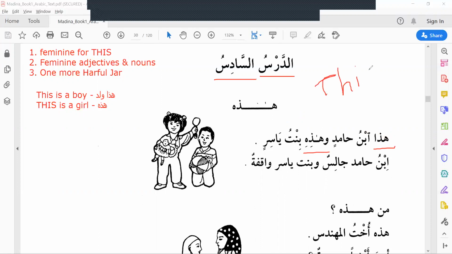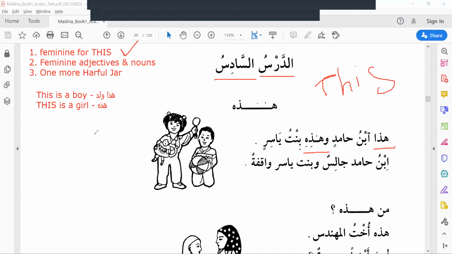But in Arabic, we will differentiate. If we are pointing to a masculine noun, we use hada. If we are pointing to a feminine noun, we use hadihi. So, first one, we have learned. Done.